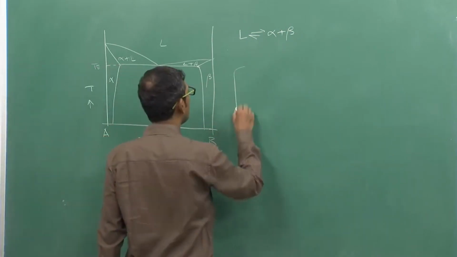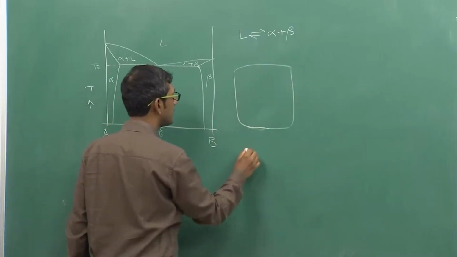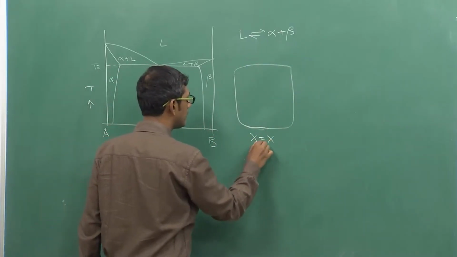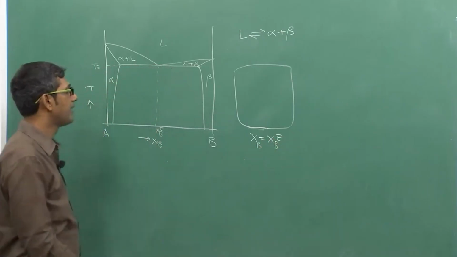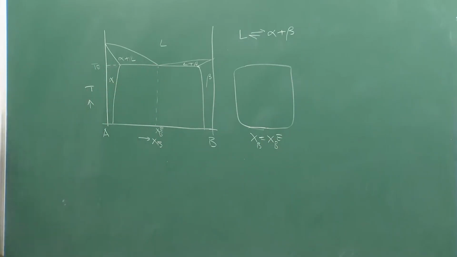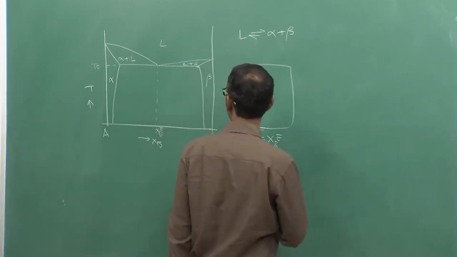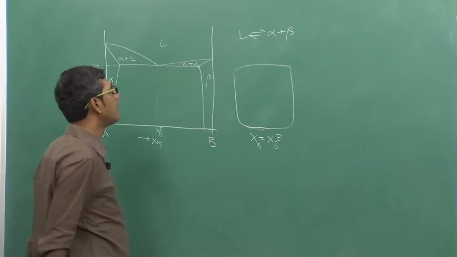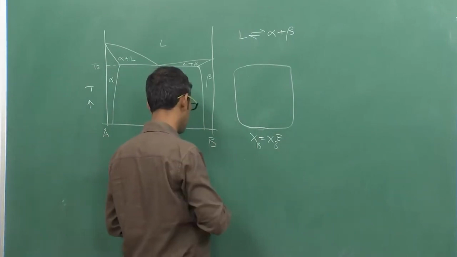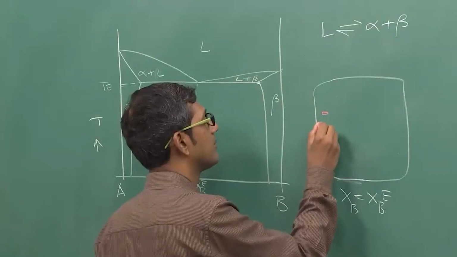Let us suppose I have a liquid with a composition equal to XBE. Now, nucleation can happen for either of these two phases, alpha or beta. There is every possibility that both can nucleate simultaneously or both can nucleate separately. Let us suppose alpha is nucleated. This is alpha nucleation.